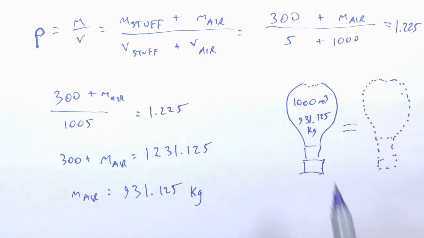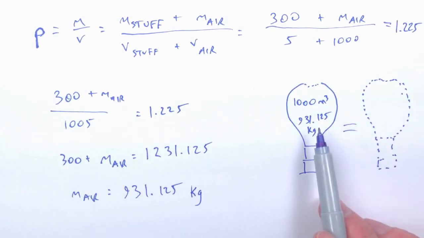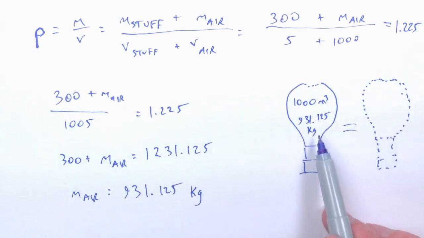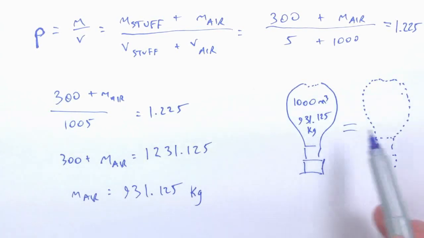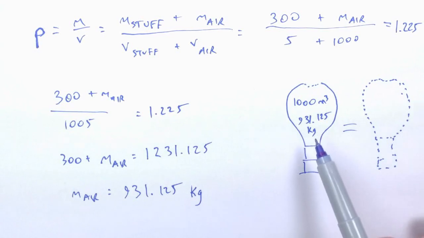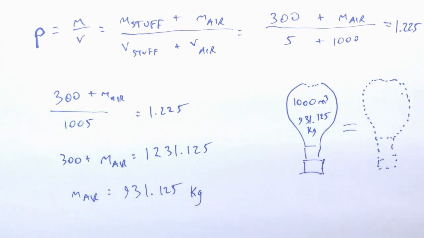Okay, so if we've got an inflated hot air balloon with 931.125 kilograms of air in it, it will have the same density as the same volume of air and will therefore float. Question is, we know how many kilograms of air, how many moles of air?